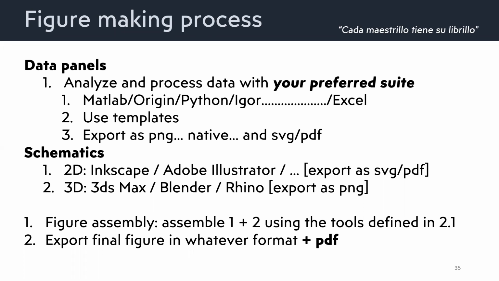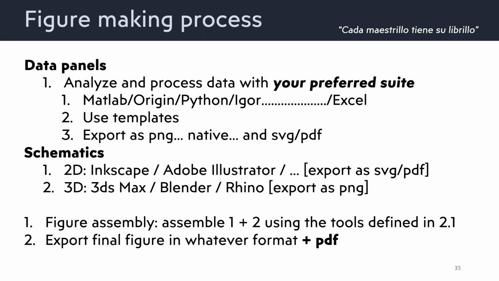For 3D schematics, there are different options too. You can also use Inkscape to do the 3D schematics, as I will show you later. But the most commonly used suites are 3D Studio Max, Blender, Rhino, and again here it is important that you save your files in the native format so you can edit them, and also that you export them as PNG with transparency channels.